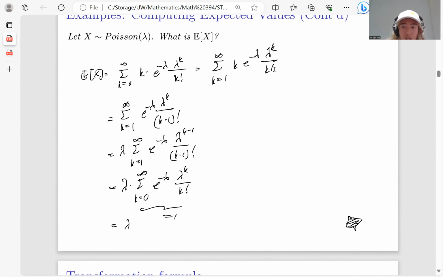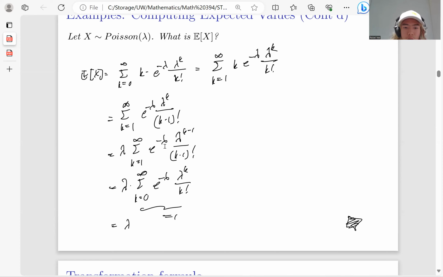Once we find k and k factorial, we use the k to divide it, trying to find another Poisson distribution, but with smaller k. And once we are done here, it's straightforward to move the lambda out.